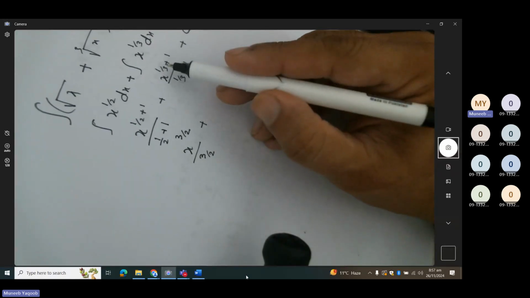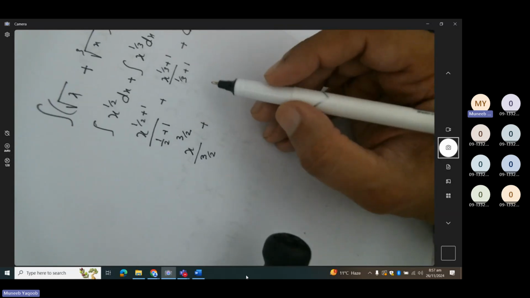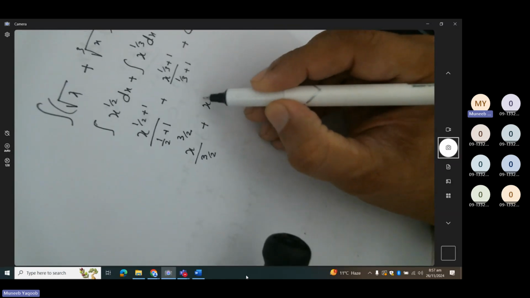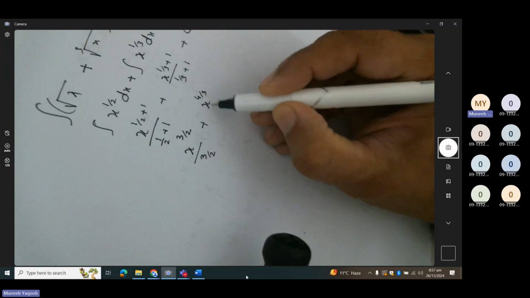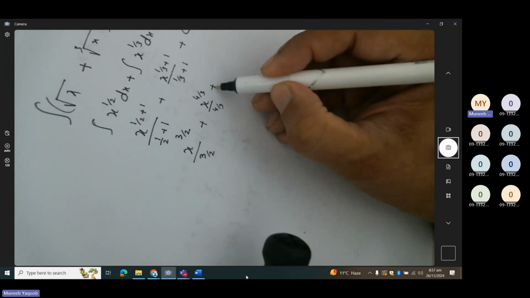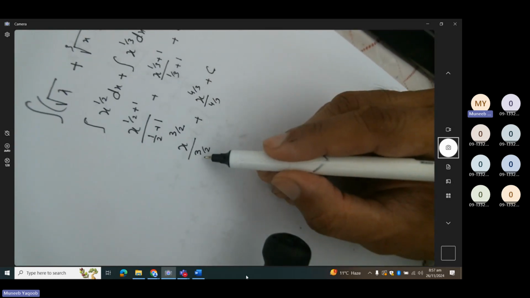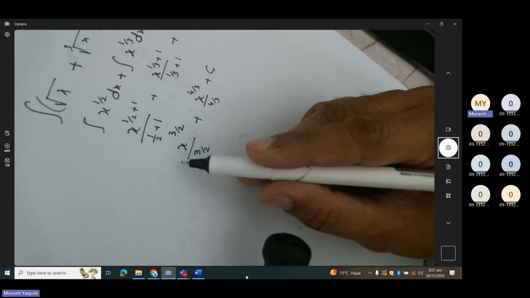Similarly, x power 1 by 3 plus 3 by 3 will be 4 by 3. So it would become x power 4 upon 3 upon 4 upon 3 plus constant of integration. Now this 3 by 2 will become 2 by 3 in the numerator.